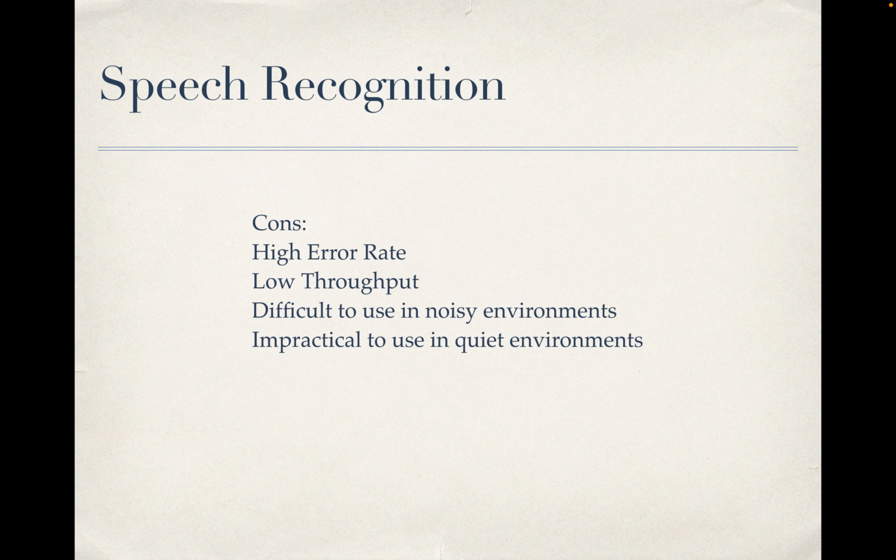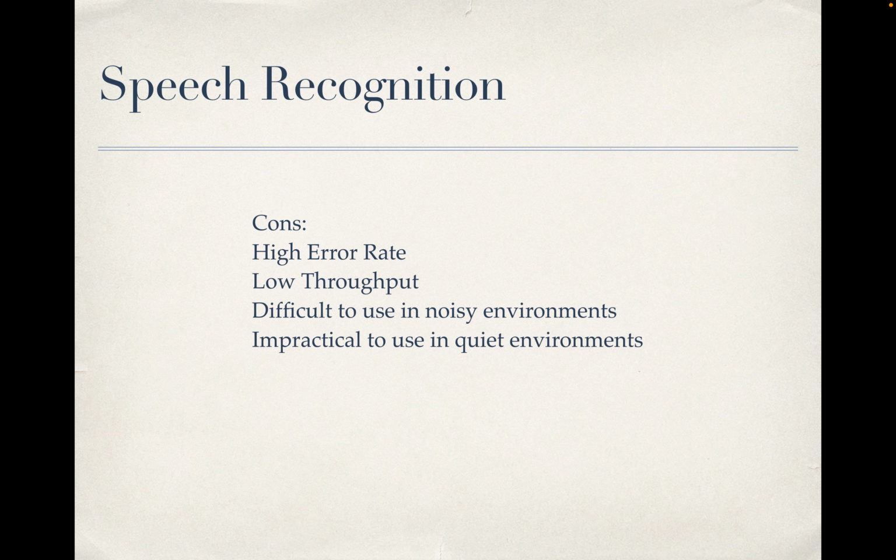So the cons of speech recognition is that it has a high error rate. Anyone who's tried to send a text using iPhone's speech recognition software knows that it can be ineffective. It has low throughput, which means even though it is faster than typing, when you think of all the things you can do with a computer, for example, it's actually a relatively slow way of conveying information if you had to give verbal commands for everything.